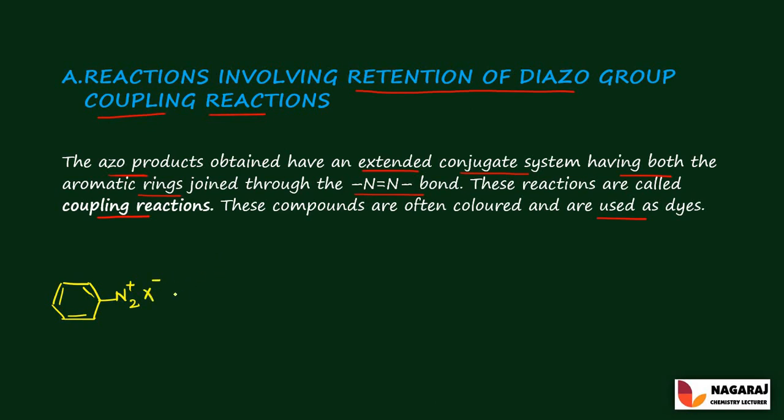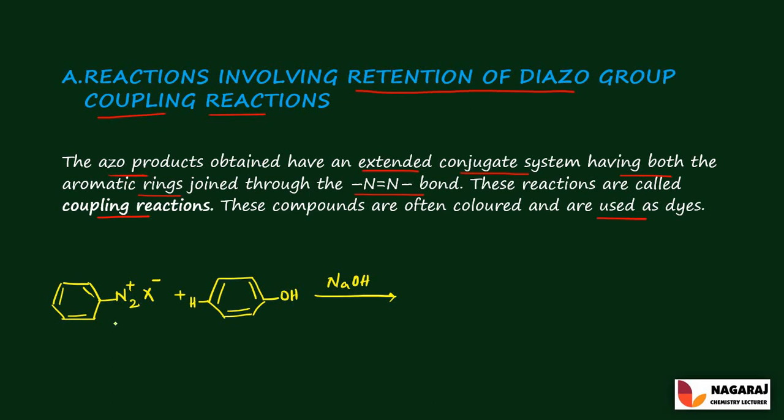It reacts with phenol, which has an OH group. The hydrogen at the para position to the hydroxyl group reacts with the arene diazonium halide in the presence of a base, for example NaOH or potassium hydroxide.